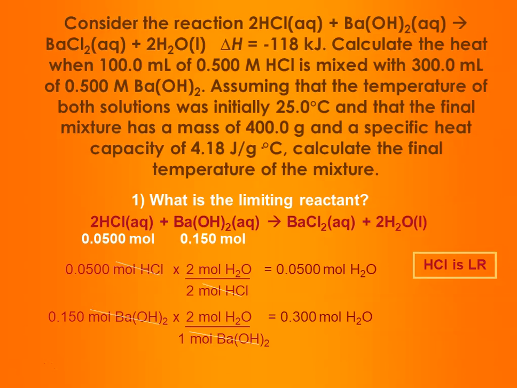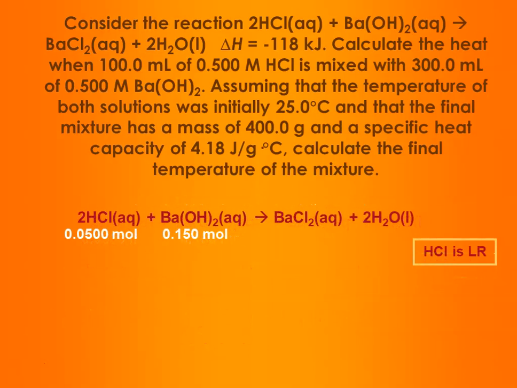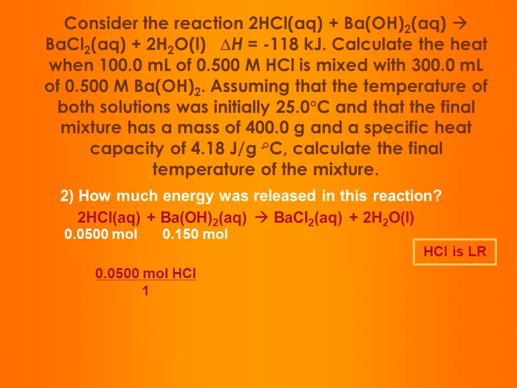If we assume all of the hydrochloric acid was consumed, and we know what the enthalpy change was for our reaction, negative 118 kilojoules, we know that much heat was released for every 2 moles of hydrochloric acid that were consumed, because the coefficient for HCl is 2.